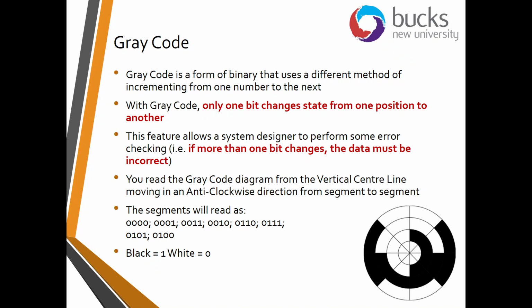So as we're moving from the outside into the center is how we read it. And you can see it translates then to what looks like binary numbers, but these are grey code numbers, so they're different to the binary numbers. But only one segment changes as you count round in Gray's code. So this Gray's code that we have here is counting upwards, but it's not counting the same as you would see in a binary sequence.